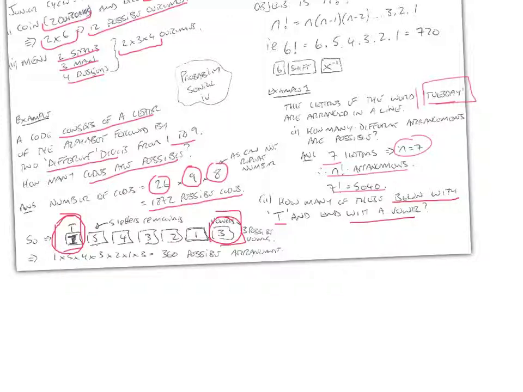So the solution is to find 5 factorial, multiply it by the 1 arrangement here, and by the 3 different arrangements for each of the vowels, and that gives us 360 possible arrangements of the letters in Tuesday with T at the beginning and ending in a vowel.